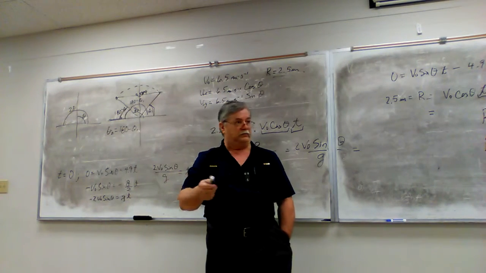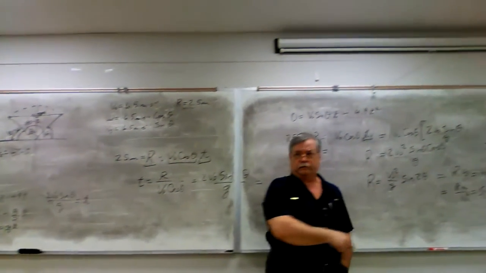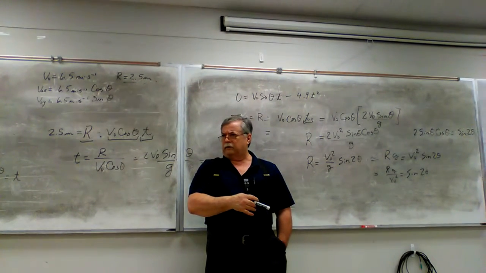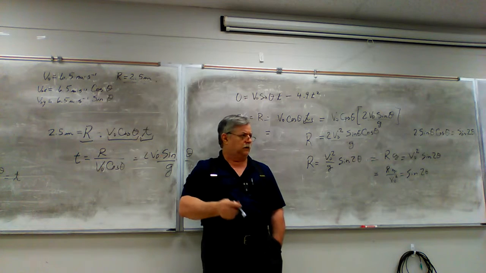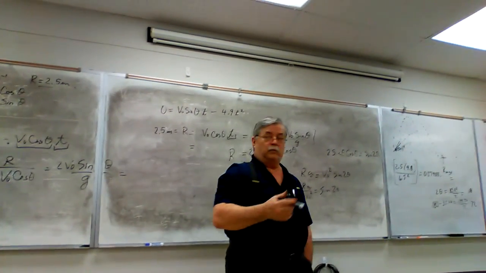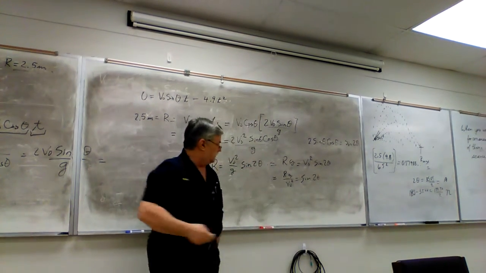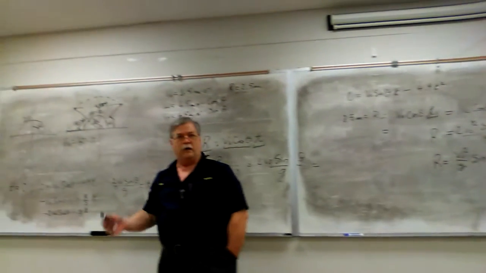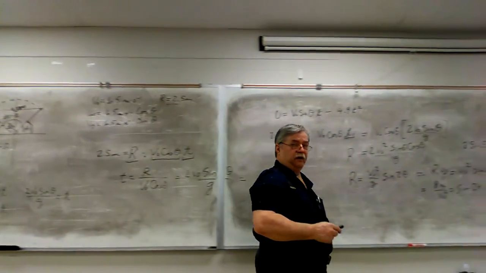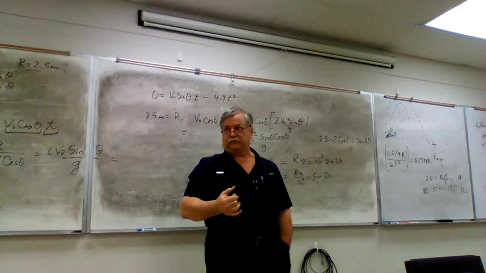In the case of sine, it's going to be between minus pi over 2 and pi over 2, or minus 90 degrees and plus 90 degrees. So in a case like this, the double angle snuck in on you and pushed you past that 90 degree point, so there's a second angle out there that you have to find. Everybody got this? Any questions, comments?